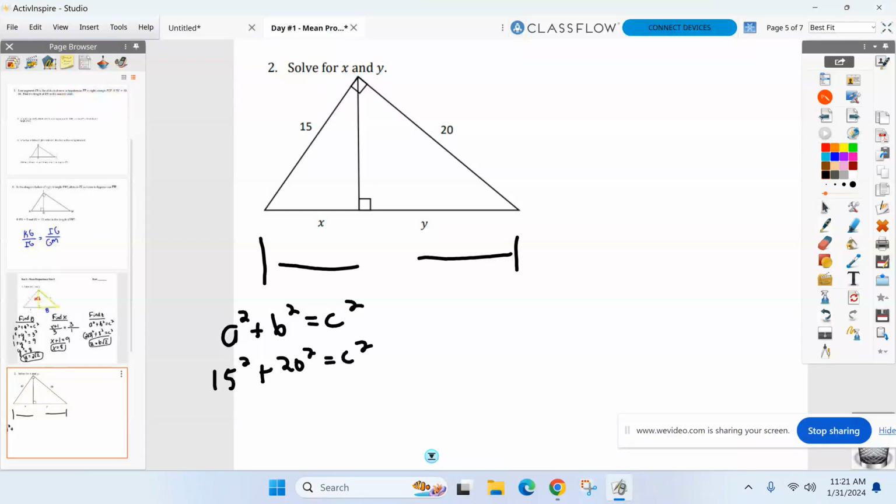The purpose of today is having you guys realize you may not just use one proportion and you're done. You might have to use multiple proportions. Here we're using Pythag first. We get C squared equal to 625. And that hypotenuse is 25.